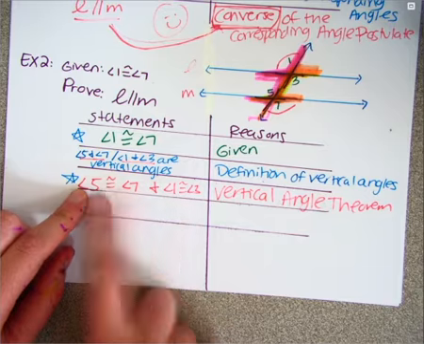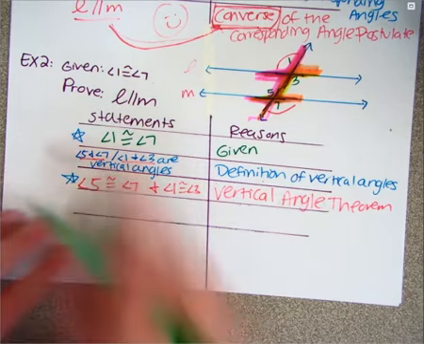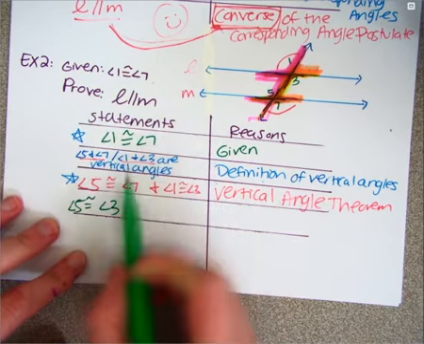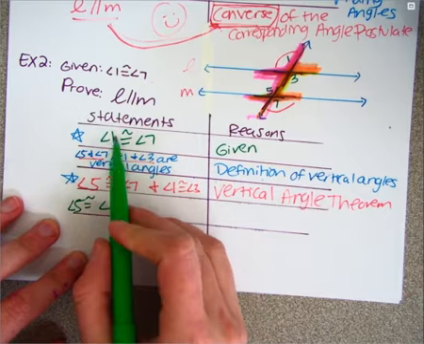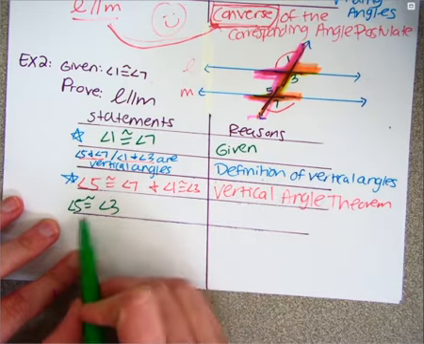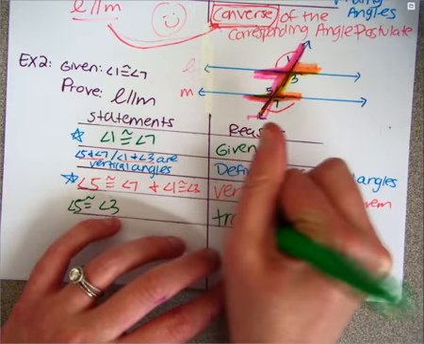So what tells me that 5 and 3 are congruent? Holy hot dog, that is the transitive property. If A is congruent to B, and B is congruent to C, and C is congruent to D, then A and D are congruent by the transitive property. So that's one route I could go.